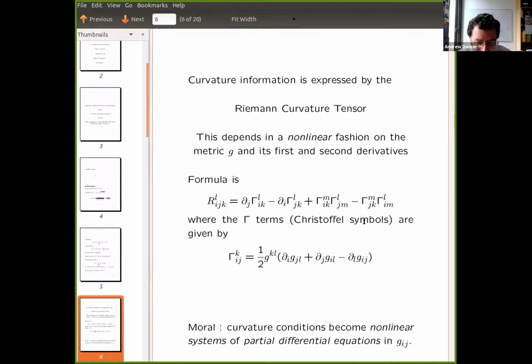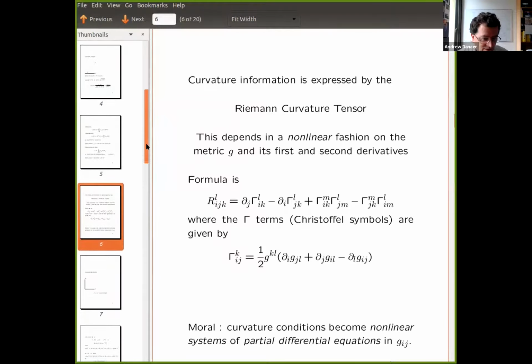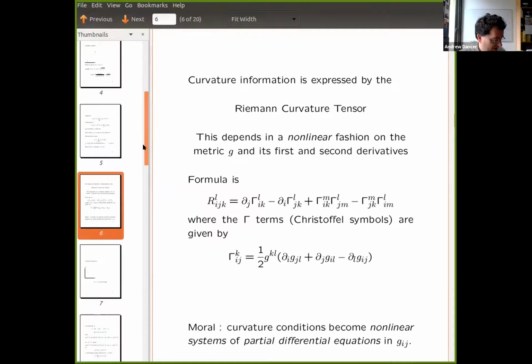And this, in a sense, is why differential geometry is so complicated, because we're getting these complicated nonlinear PDE systems out. So things like the Einstein equations, for example, are in general a nonlinear PDE system and hence difficult to analyze. So this gives a sense of where the complexity of the subject comes from.